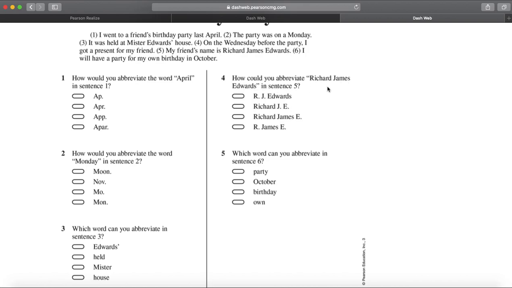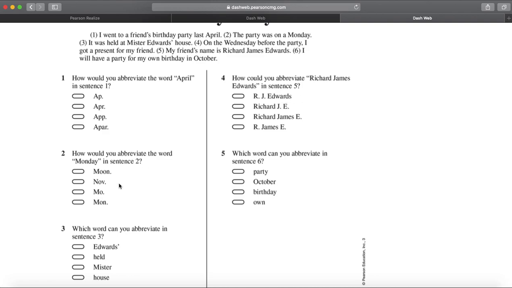Okay? So I will take the initial letters here. It's R and J, and Edwards will be the same. So the best answer is R period J period and Edwards. So the first choice is the correct answer. Okay? It should be only the first and second; the third name we don't abbreviate.